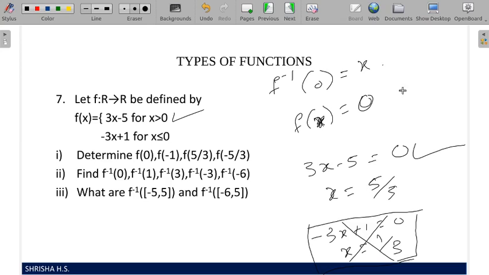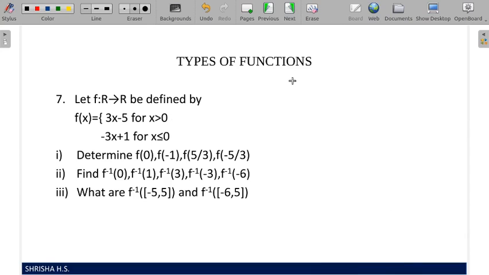So f inverse of 0, that x is 5 by 3. Now we will take another one, f inverse of 1. By applying f to some x, we got the answer 1. So we will see which one.